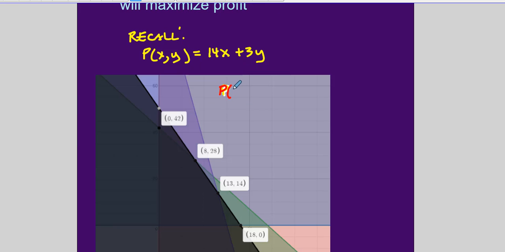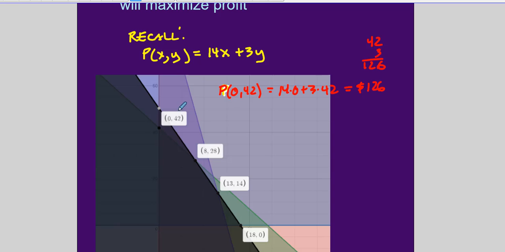So P of 0, 42 for starters. That's going to be 14 times 0 plus 3 times 42. Well, 3 times 42 is 126, so that's $126 there.